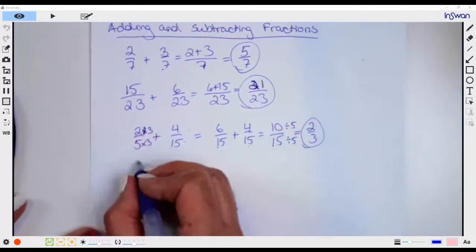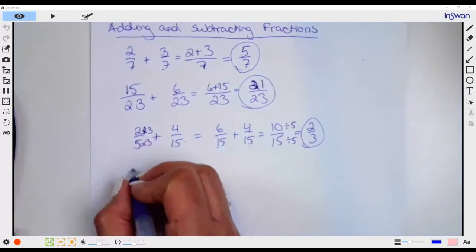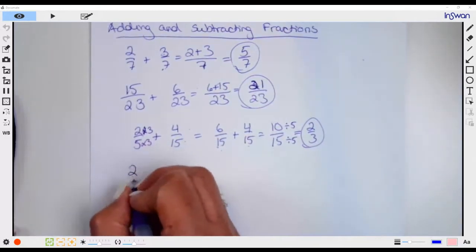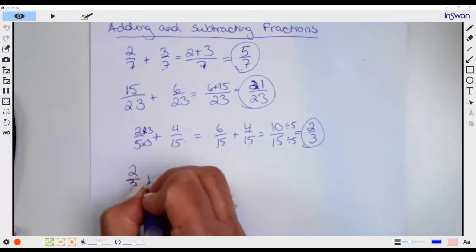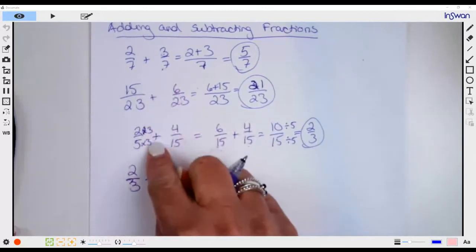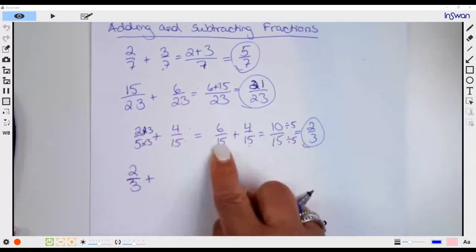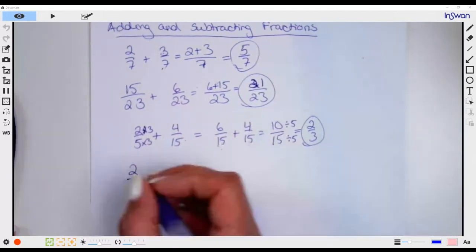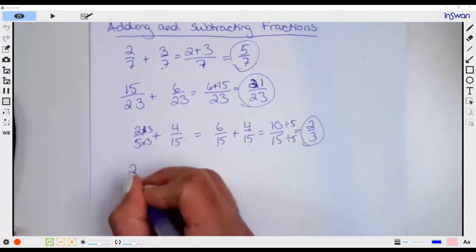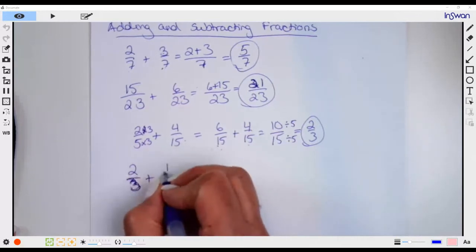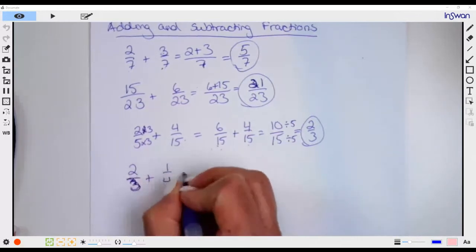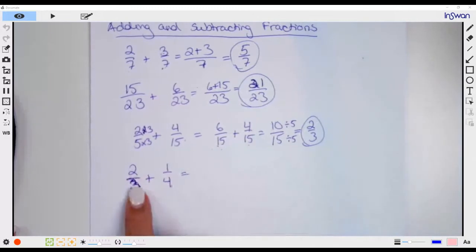So let's look at another example, let's do 2/3. And this same thing, it doesn't matter if it's an addition or a subtraction, the same thing applies. You have to have the same numbers down here. So 2/3 plus 1/4. Now, if we look at these numbers, we don't have common factors for them.